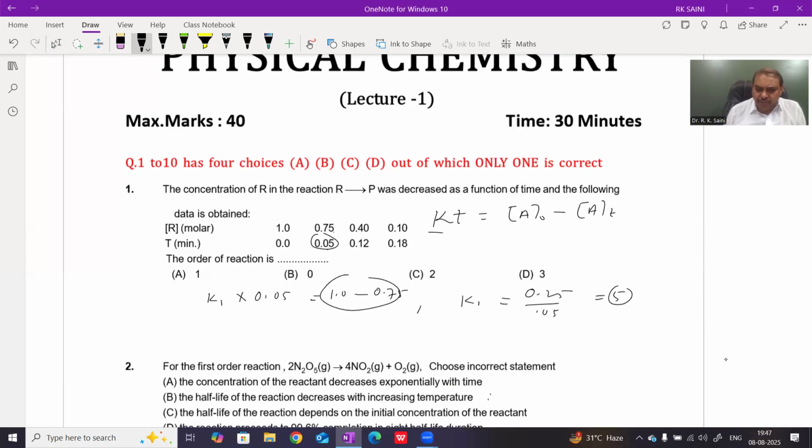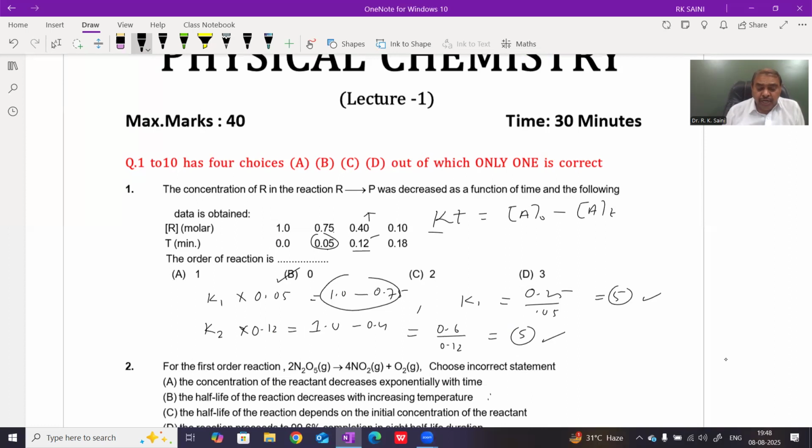Now we put another time and concentration and find K2: time 0.12 minute, initial concentration the same, and at this time the concentration becomes 0.4. Therefore 0.6 upon 0.12, and the rate constant is also 5. It means the rate constant is the same for the given data, and hence it is a zero order reaction.